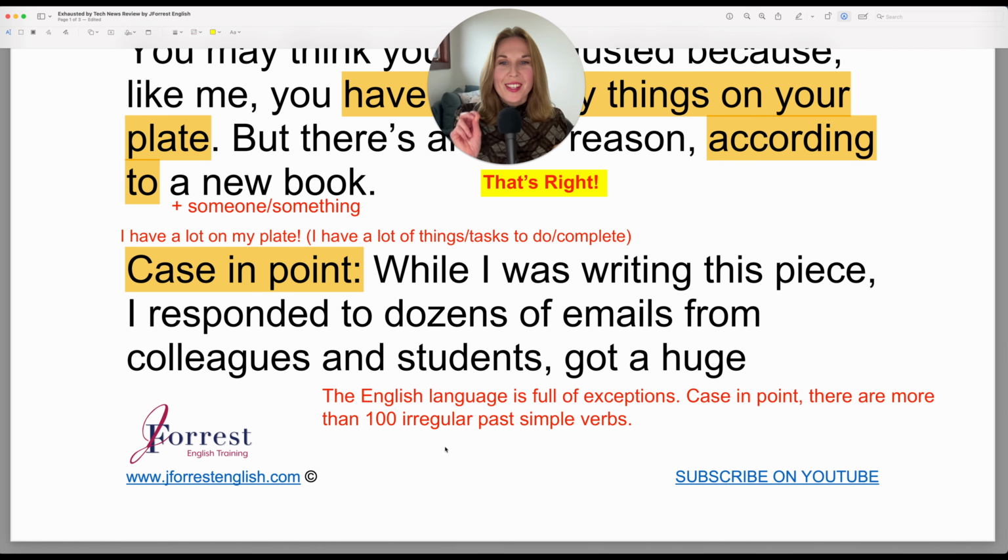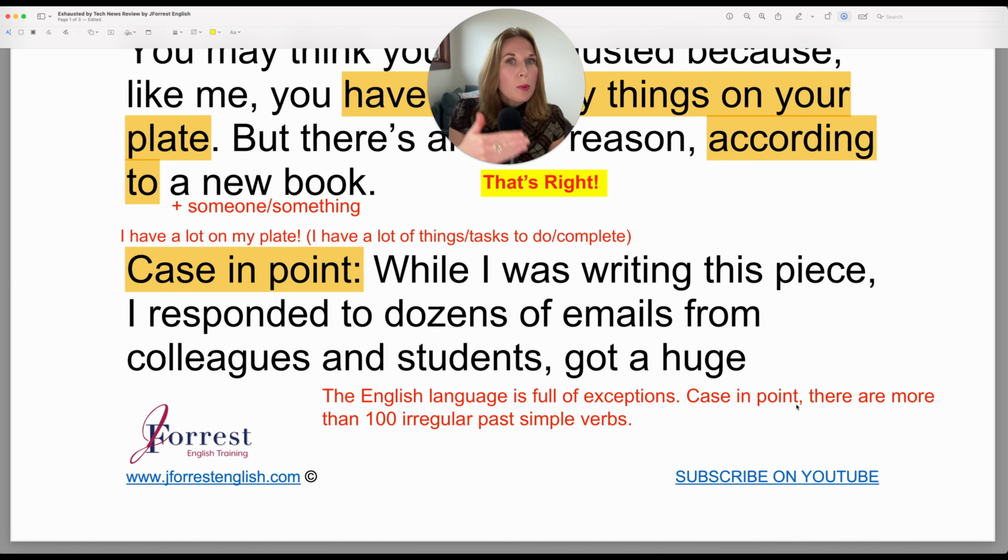Let's review this example. The English language is full of exceptions. Now you want to provide a specific example. Of course, you can say, for example, or as an example, more formally, to illustrate this. Or you can use this phrase that we just learned, case in point. So notice that linking of the S, case in point.